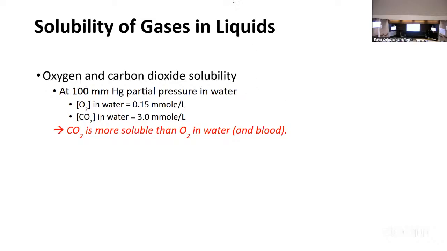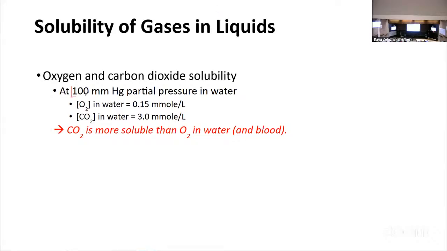So if you were to calculate out both of these gases, what their concentration is in water, given a partial pressure of that gas in air of 100, right? So oxygen, partial pressure of 100 in air, carbon dioxide, partial pressure of 100 in air is what we're thinking about right now to understand the concept.